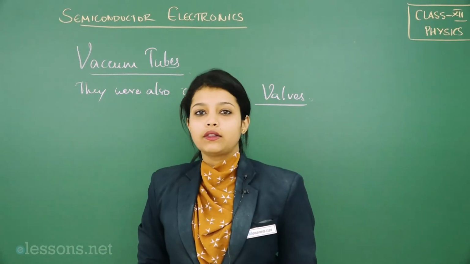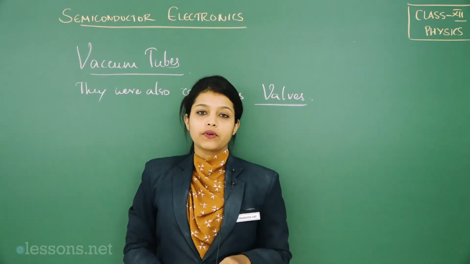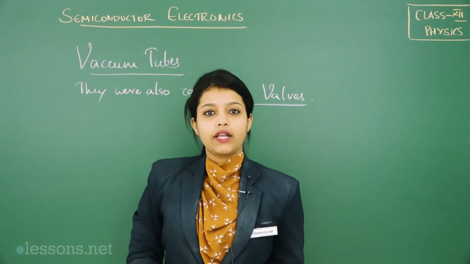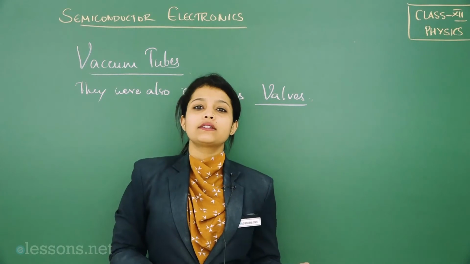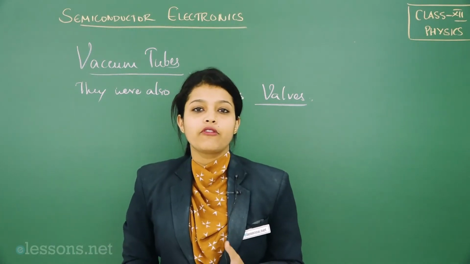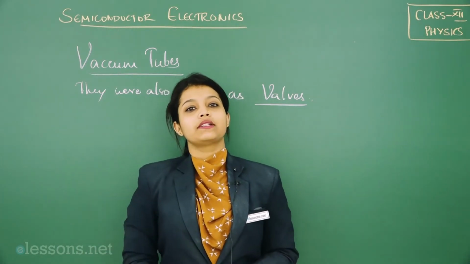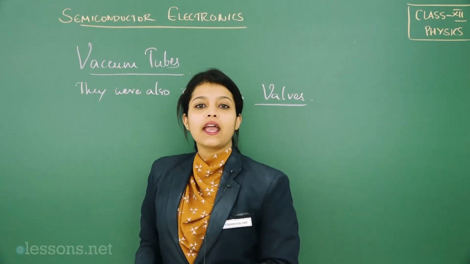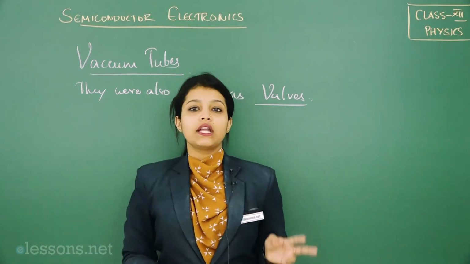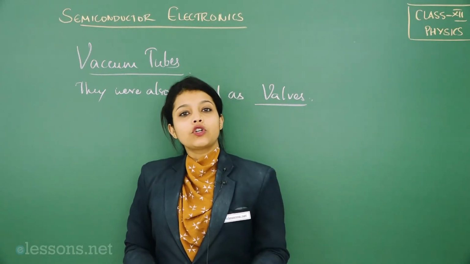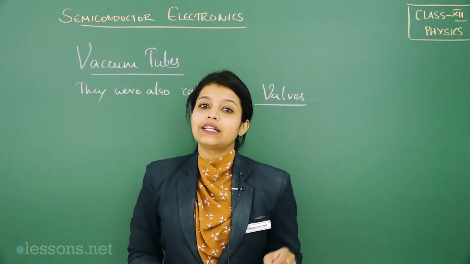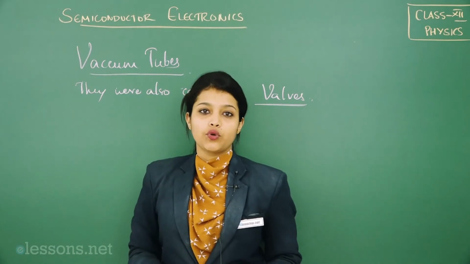One was the cathode and the other was the anode. Now, we have learnt about cathodes and anodes, which are generally present in electrolysis, in batteries, or in experiments, right? The same, we had in the vacuum tubes. And now the electrons were supplied by the heated cathode in the vacuum tubes.